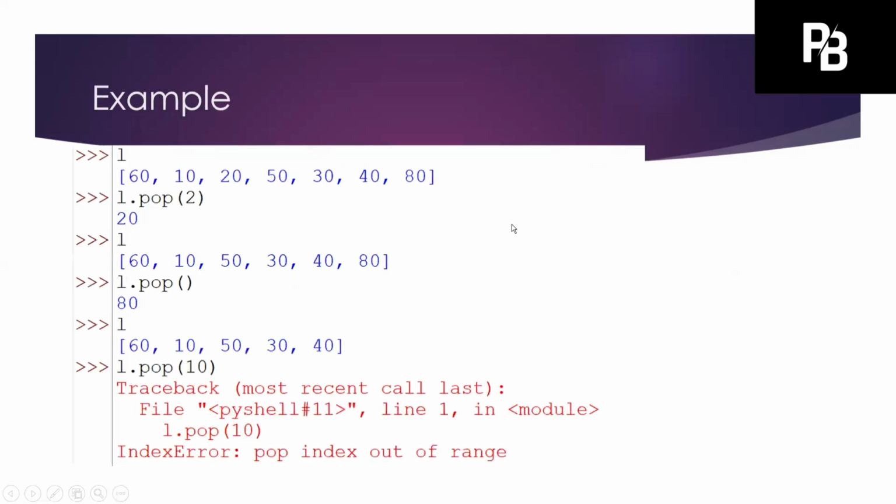Let's take the example, students. This is my list. I write L.pop(2). Second is a position. So 0, 1, 2. 20 is deleted. It returned the value also. You check the list. I print here L, so 20 is not there. If I write L.pop, here I'm not mentioning any position, so automatically it deletes 80, the last value.